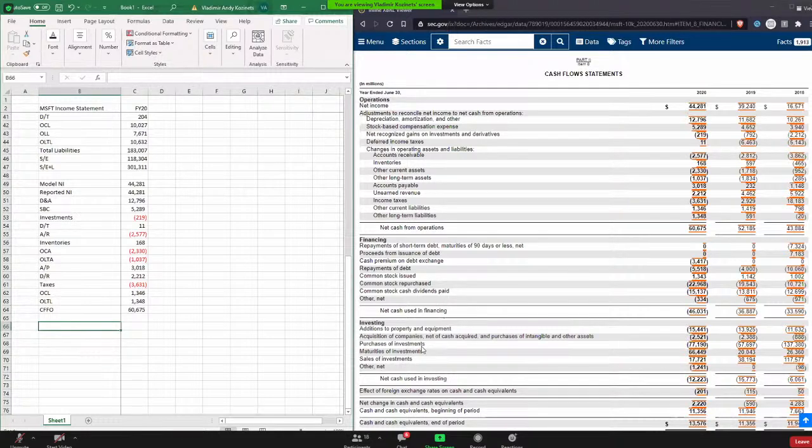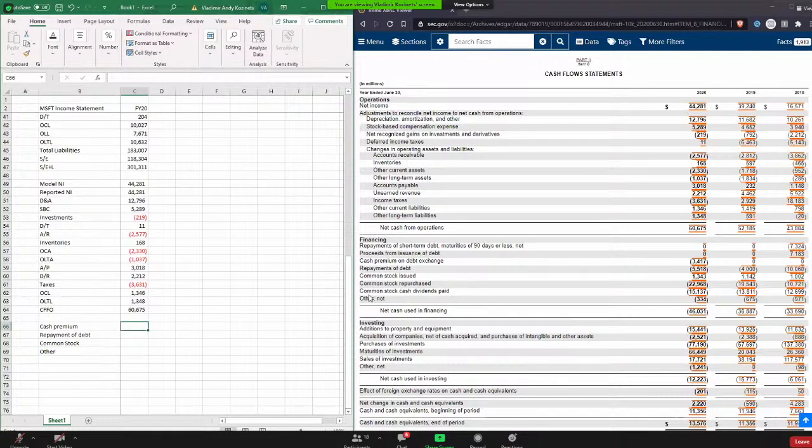We could just quickly do this real quick. Okay. Repayments of short-term debt, we don't really need to put that. Cash premium on debt exchange. Repayments of debt. Common stock. Other.